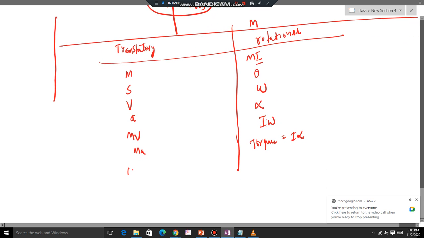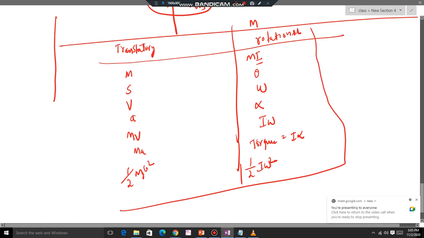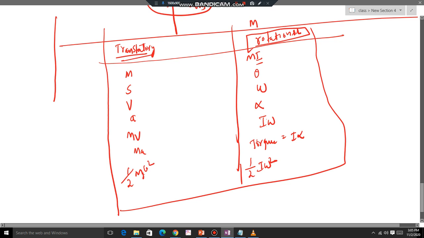Kinetic energy is half m v square, here it is half I omega square. So these are some analogies between translatory and rotational motion.